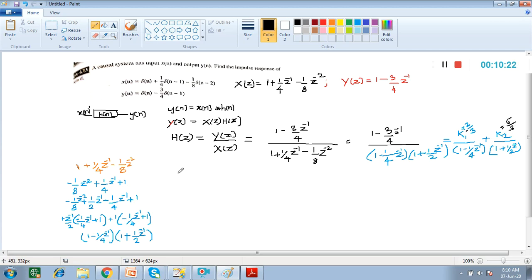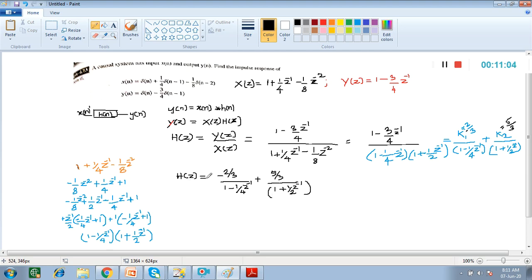So let's write our h of z as equal to minus 2 divided by 3 over 1 minus 1 divided by 4 into z raised to minus 1, plus 5 divided by 3 over 1 plus 1 by 2 into z raised to minus 1.